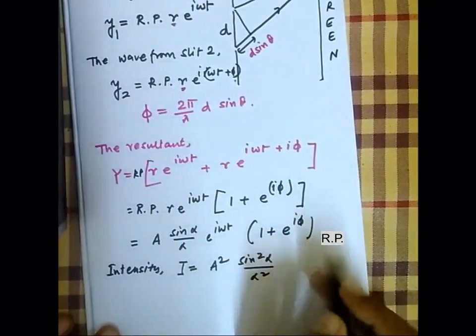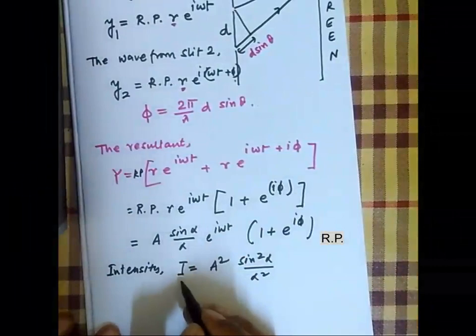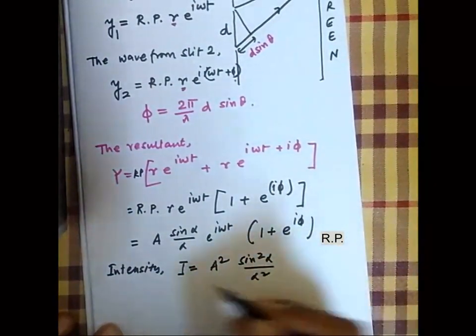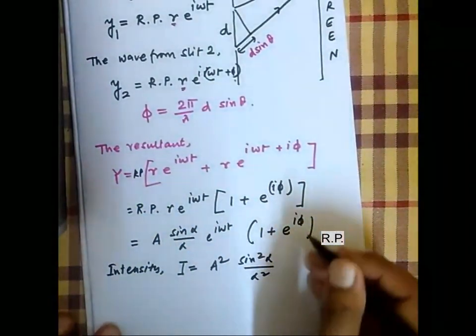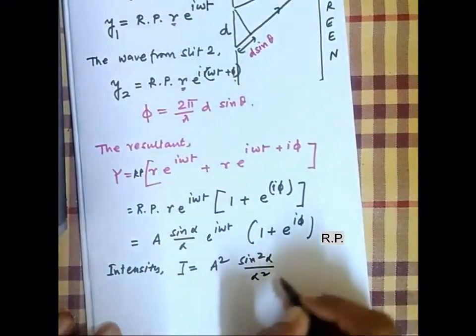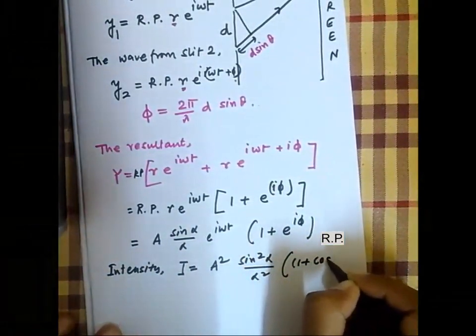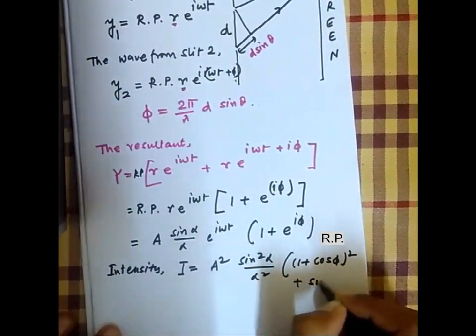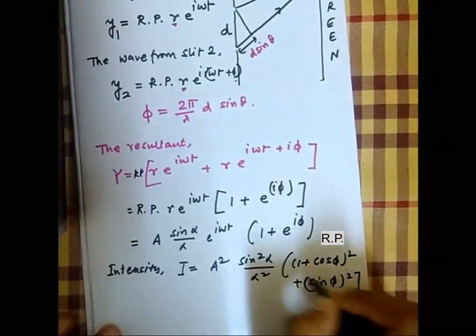What about this? Because we are considering a complex quantity here, instead of taking the square, we will take it as y star y, like figuring out the amplitude, right? So if you do that, what do we get? We get 1 plus cos phi whole square plus sin phi whole square.